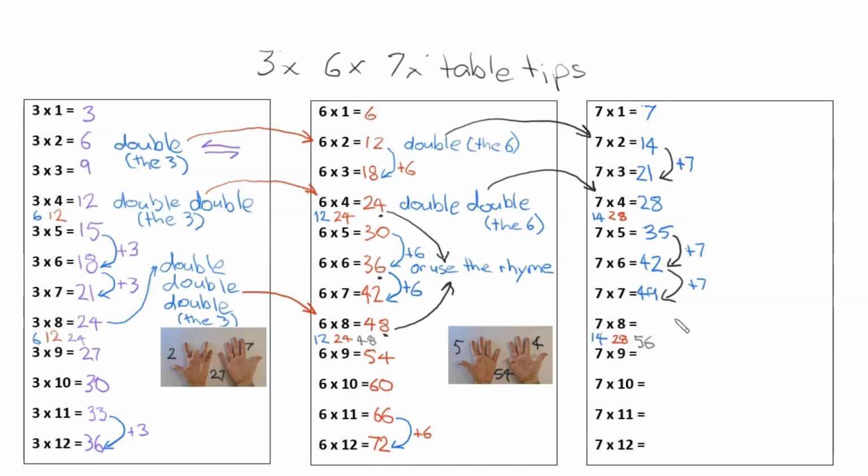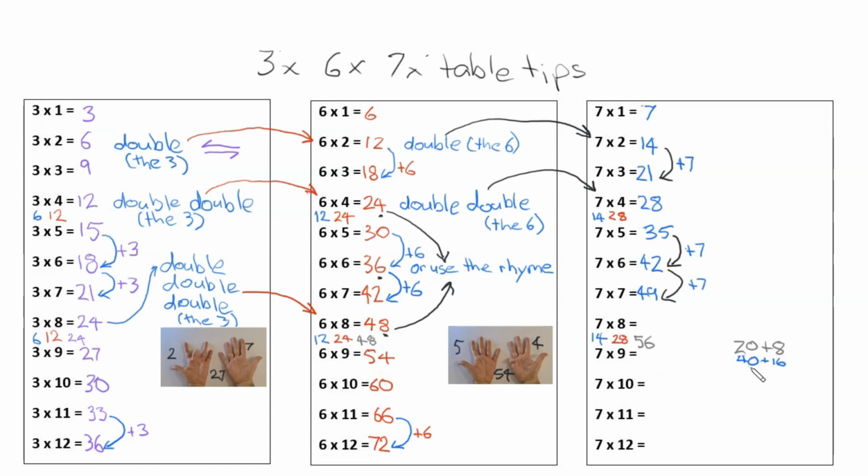But if you break it up, I'll do it over here. If you break up this 28, you've got a 20 plus 8. If I double the 20, that'll give me 40. And if I double the 8, that'll give me 16. And then we can skip count in our head, and that's not hard to do.